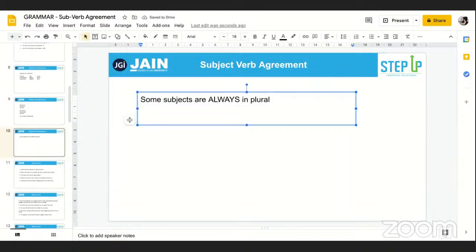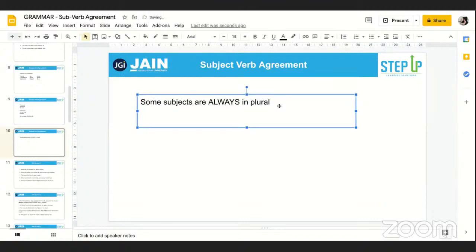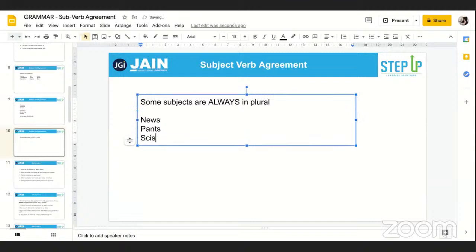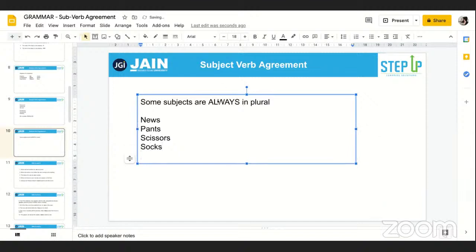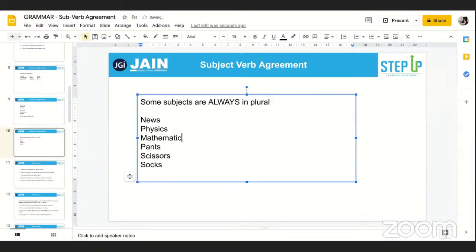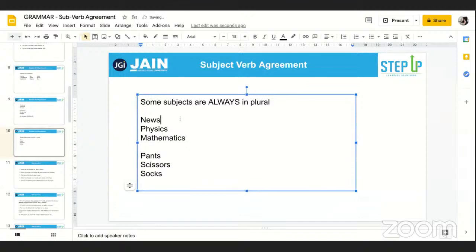News. Ants. Scissors. Box. Tell me. So news is not the verb is news. It's spelling news. But news doesn't go in plural. It's singular. Physics singular, mathematics singular.